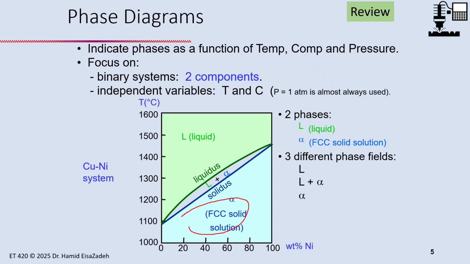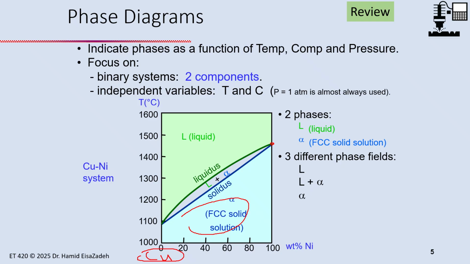If we change the composition from, for example, this is pure copper, if we increase the nickel composition into the copper, then the alloy will have a higher melting temperature, because if you go more toward nickel, because nickel has higher temperature, so the melting temperature increases.